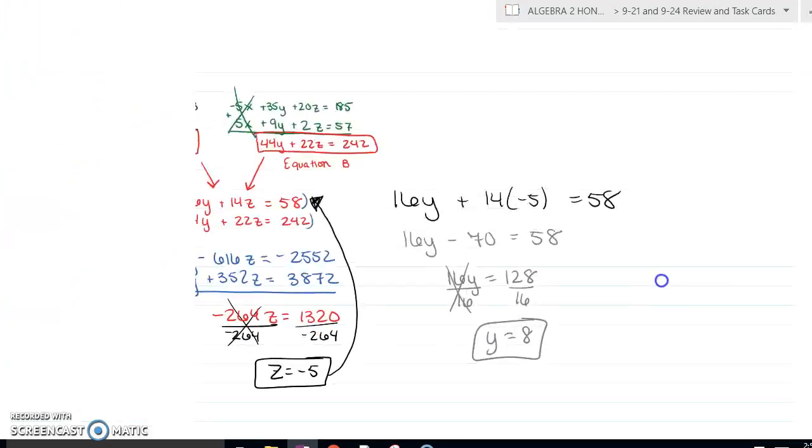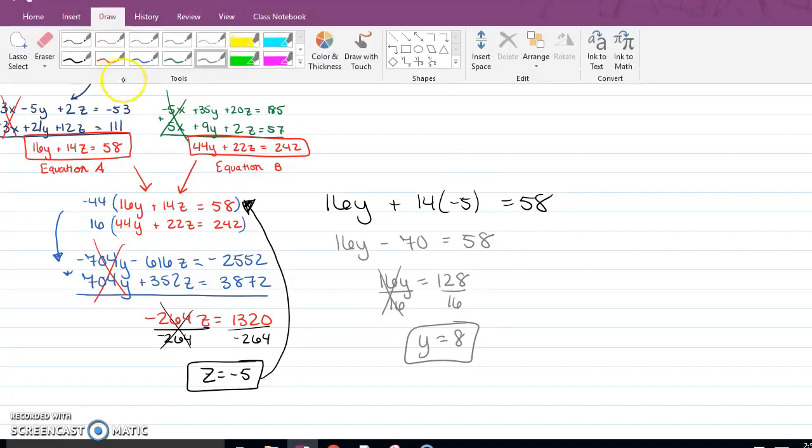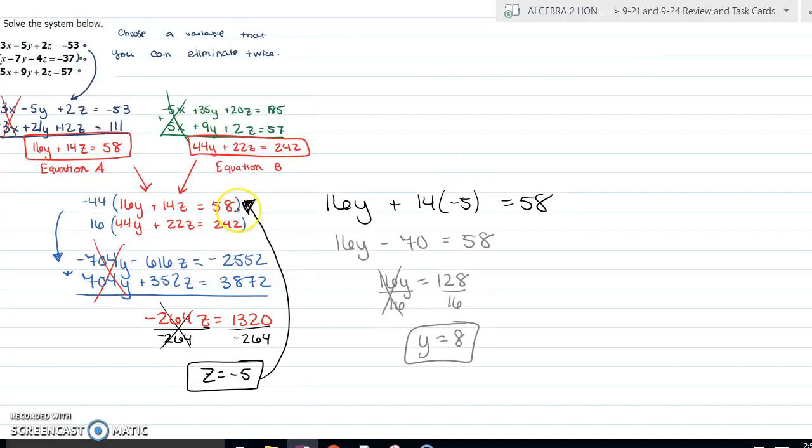Okay, now that I have two variables, I'm going to go back up and take both of these and plug them into a 3 variable equation. So just to make this easier, I'm going to choose the middle equation, x minus 7 times y, which is 8, minus 4 times z, which is negative 5, equals negative 37.